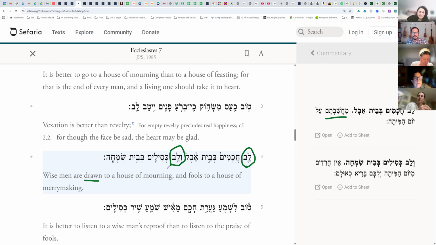I'm getting so much out of the discussion. Another way that I find it helpful to think about all of this is in terms of what creates a more lasting impact. I'm looking at the pattern in the 4 verses in front of us. When we comfort people who are mourning, when we struggle with ideas as we do when we are vexed, we create a lasting impact that will stay for a long time with both us and the person we are comforting, or in terms of whatever problem we are solving.